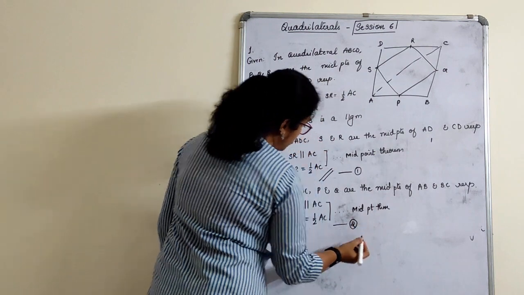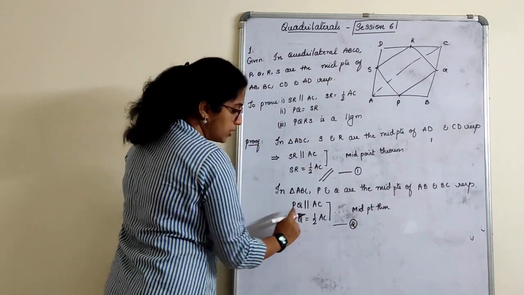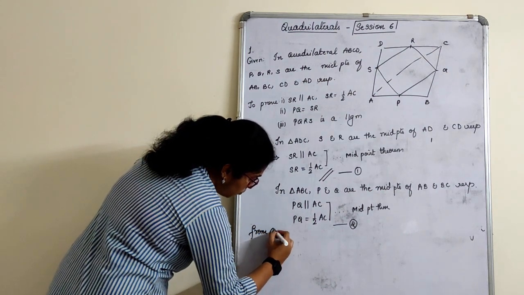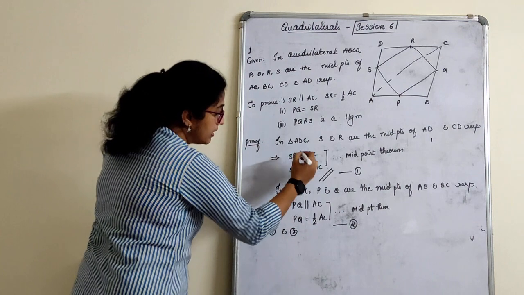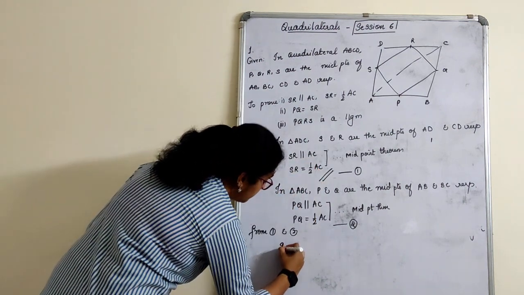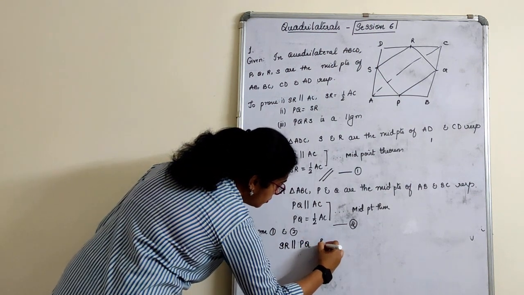Equation 2. From equation 1 and 2, SR is parallel to AC, PQ is parallel to AC, so SR is parallel to PQ.